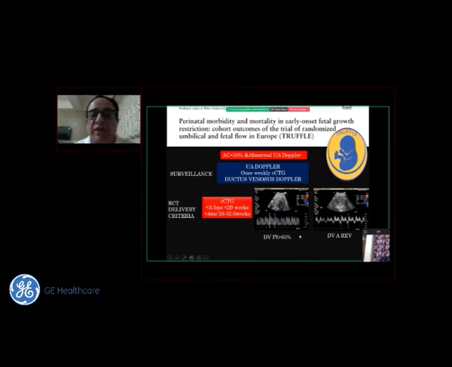Or if you have increased PI in the ductus venosus, then again that can be a delivery criteria. And of course, if you have reversal of A wave. So if you have a fetus which is less than 10 centile and you have abnormal umbilical artery, you immediately look at the venous Doppler to guide us when to deliver. And these are the three endpoints.